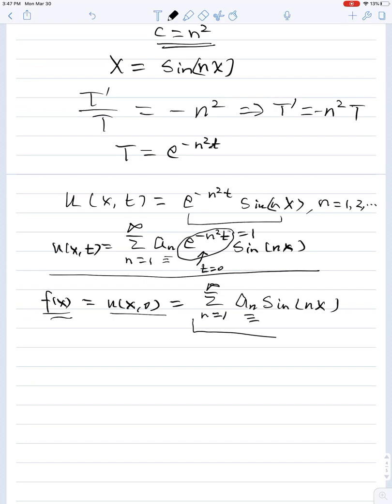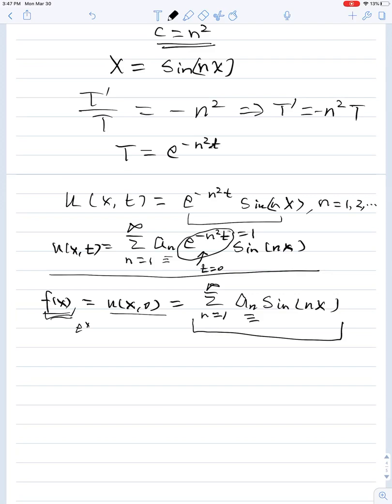The right-hand side is a sum of trig functions, but the left-hand side is an arbitrary function. Of course, we have more functions than trig functions, like the exponential function. You would never be able to express an exponential function as a finite sum of trig functions.